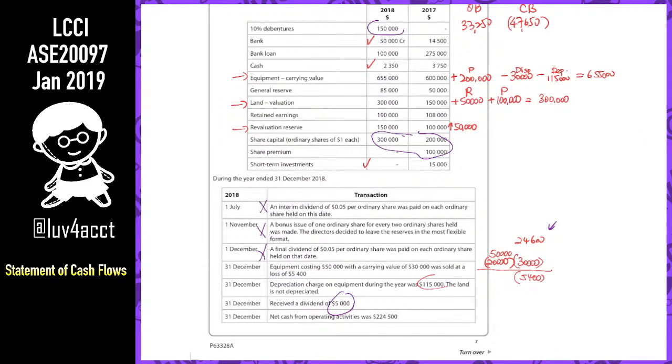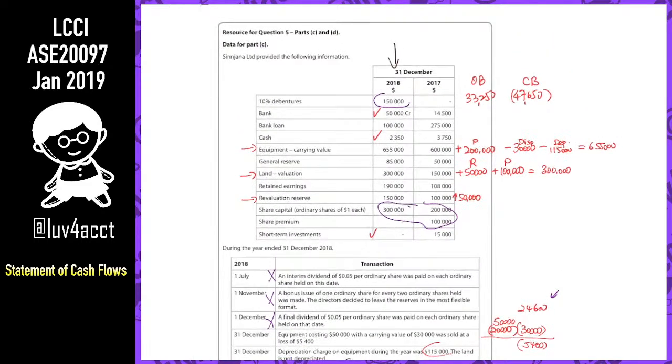And if you are given net cash from operating activities, let me use another color, green maybe, you are given the net increase or decrease here. We have calculated, and you are given information about financing activities.